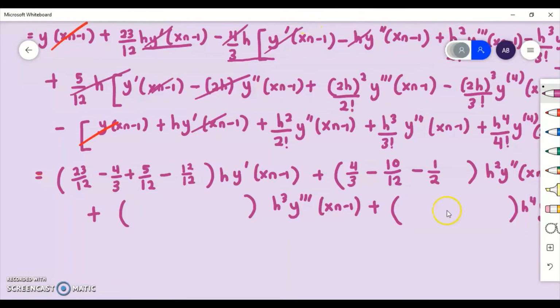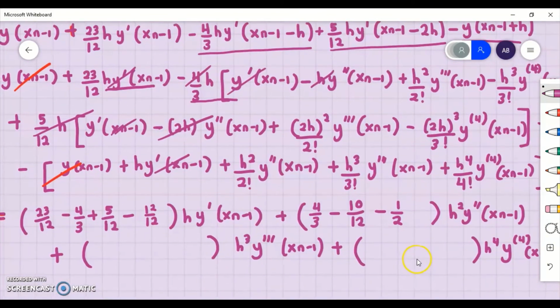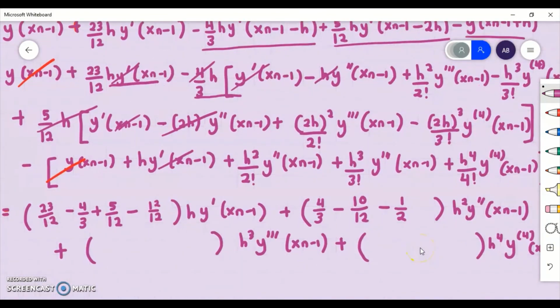Now, the term involving h cubed y third derivative. This is the third derivative, so I have negative h times h is h cubed y third derivative. The constants are 4 over 3 multiplied by 1 over 2, so I have negative 4 over 6. This term is considered. Now inside here, h squared times h is h to the power 3.